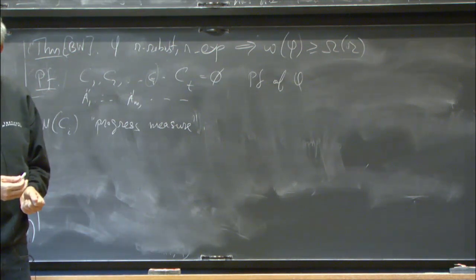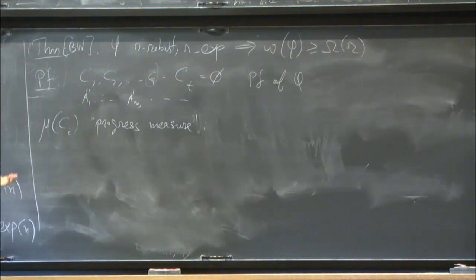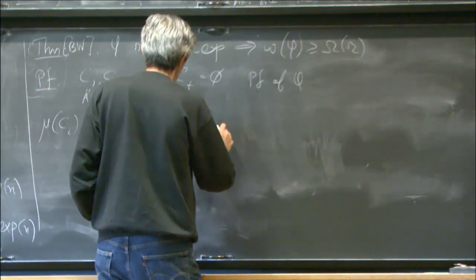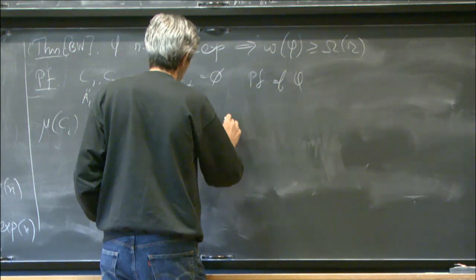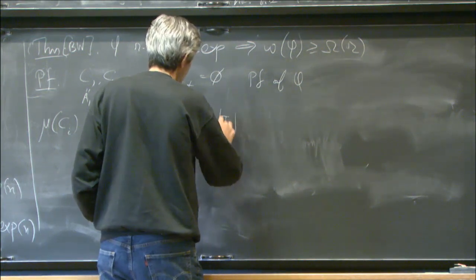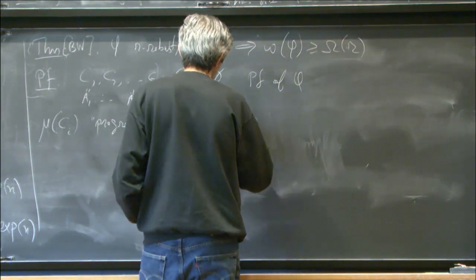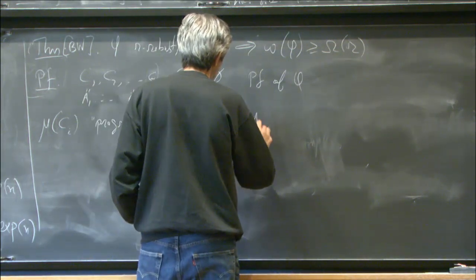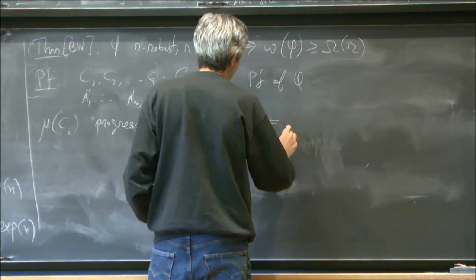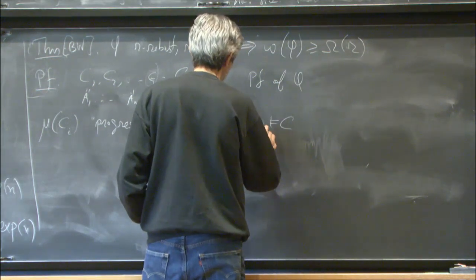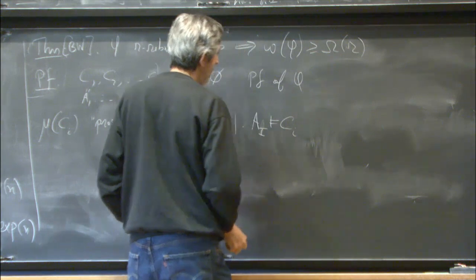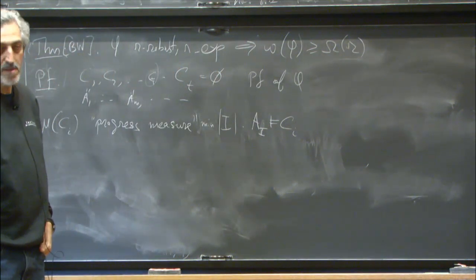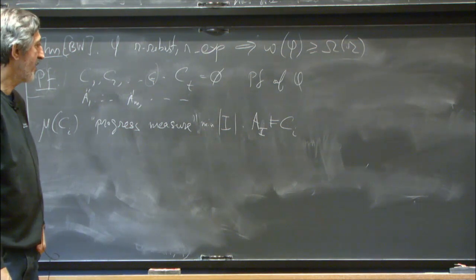So it's simply the minimal size of a set I such that the axioms A_I imply Ci, the axioms that are used to derive Ci.